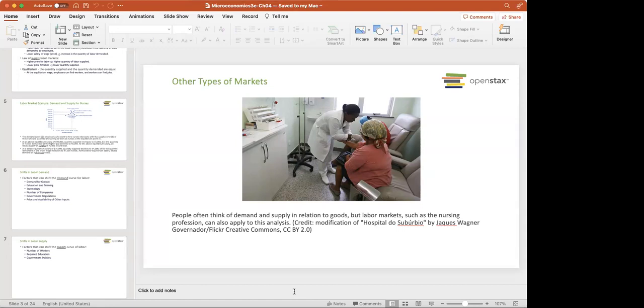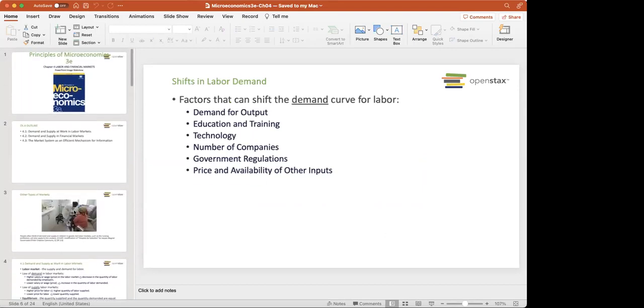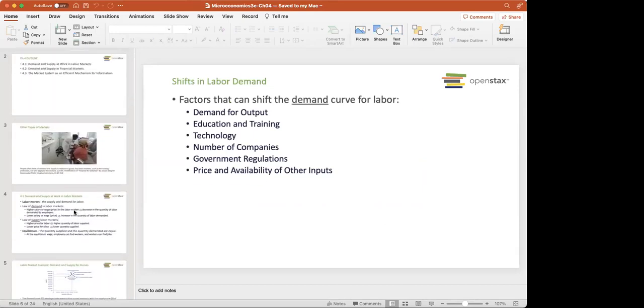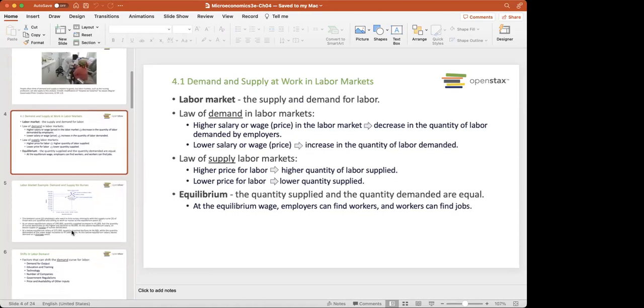So I want you to think about a few things. I'm going to have you think about one benefit and one drawback for a market paying above that equilibrium wage. I also want you to think about one benefit and one drawback for the market paying below that equilibrium wage.